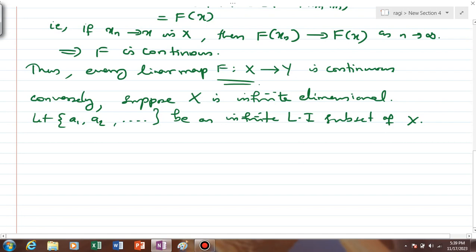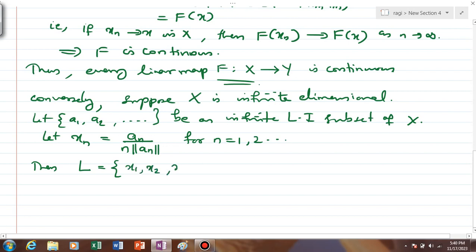Now, using this, we construct a sequence: let xn equal to an divided by n times norm an, for n equal to 1, 2, 3, etc. Then let L be the set of all these xn, that is x1, x2, x3, etc. This becomes an infinite linearly independent subset of X, right?